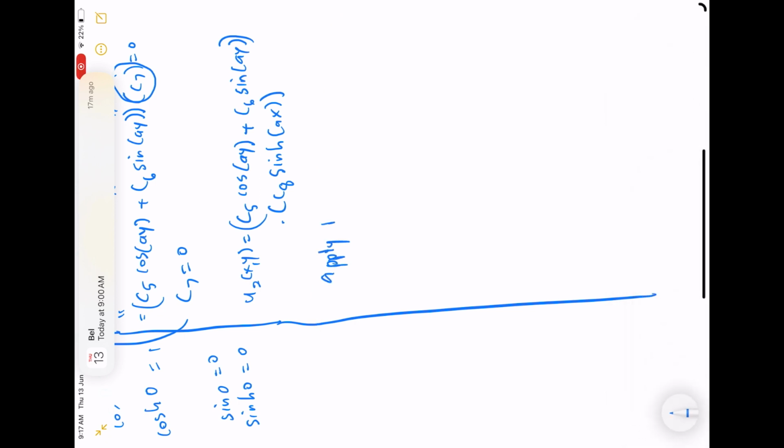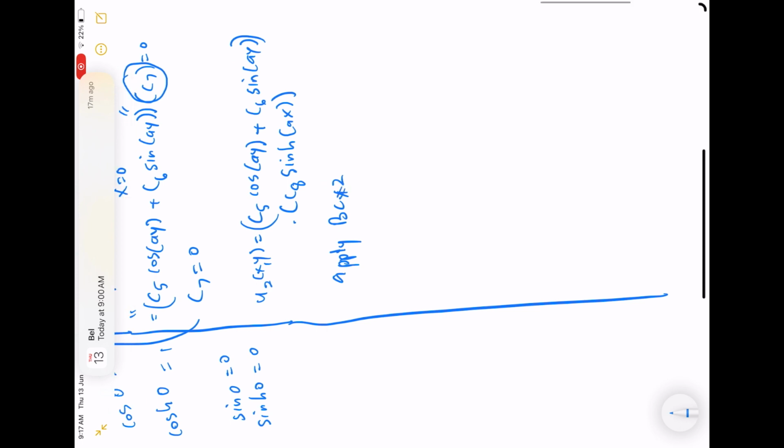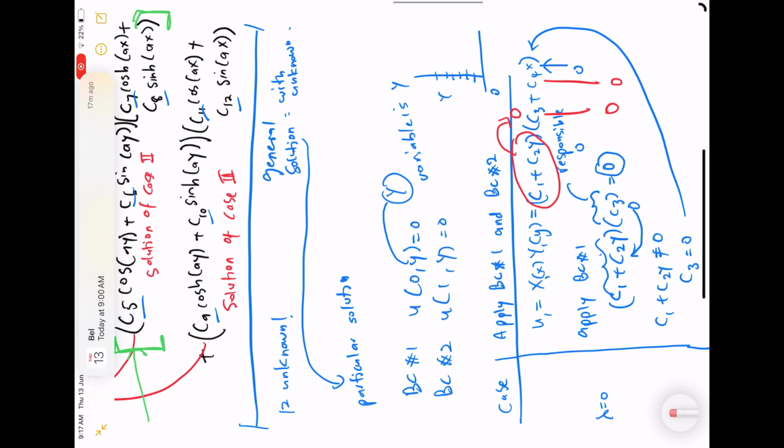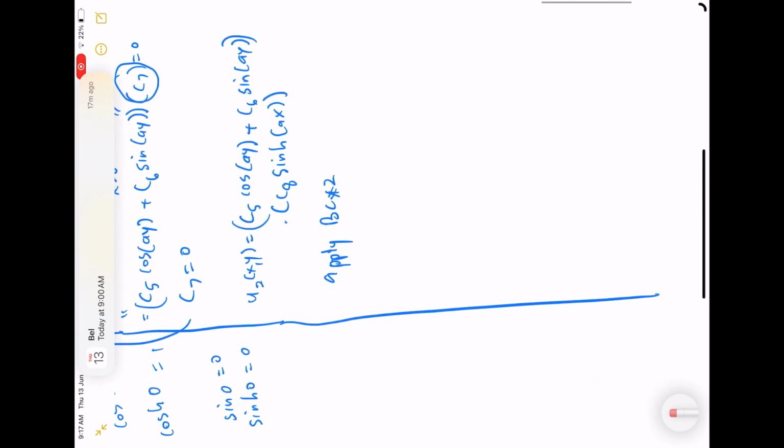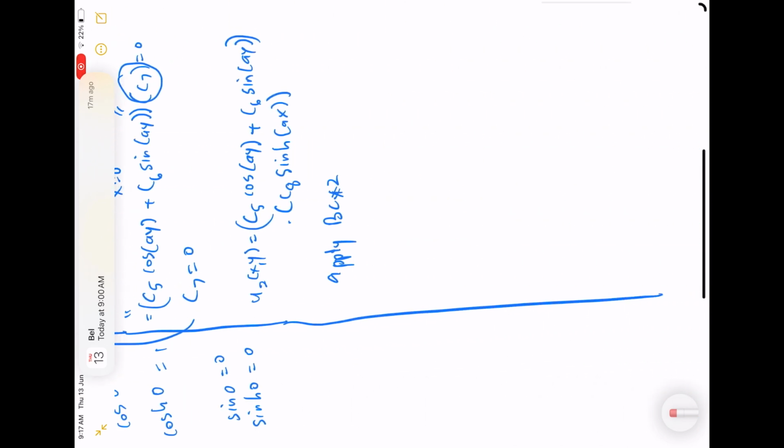Now apply the next boundary condition, boundary condition number 2. The boundary condition number 2 just now is, I don't remember, u(1,y) equal to 0. So our x now is equal to 1.